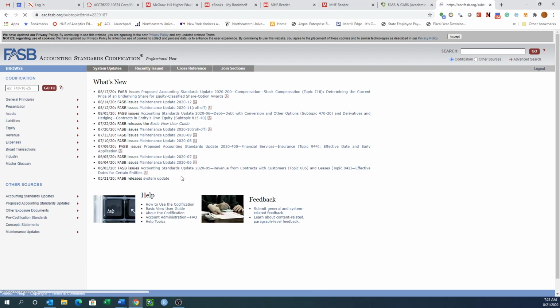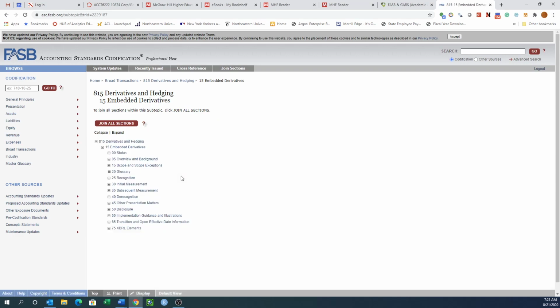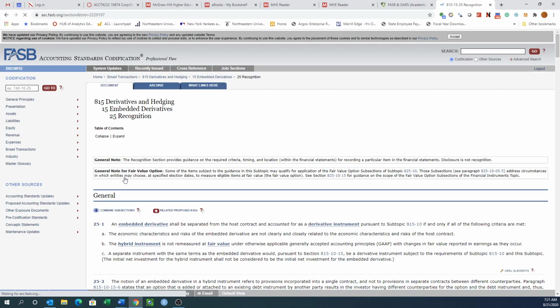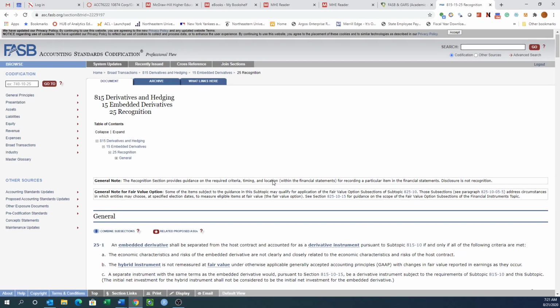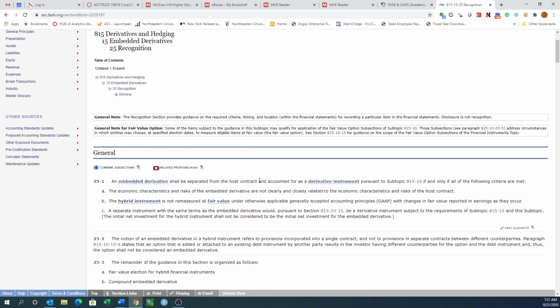So let's go over here and just take a look at the literature on embedded derivatives. And I want to immediately go to the recognition criterion, because this is what we're going to pay close attention to. So when we go to 25-1, these are the rules we've got to go through. This is kind of the process you have to look at. So I'm just going to read it to you because it's here.